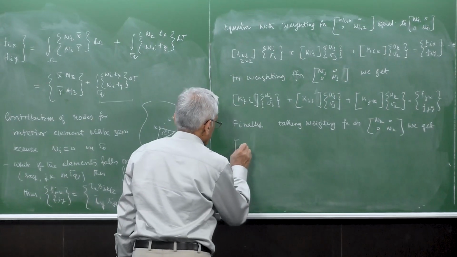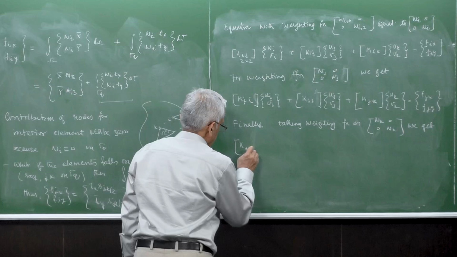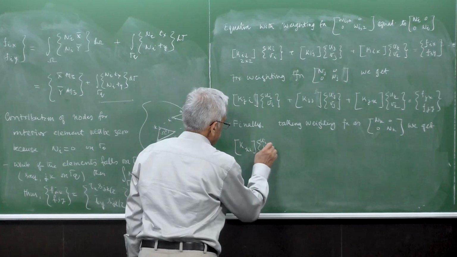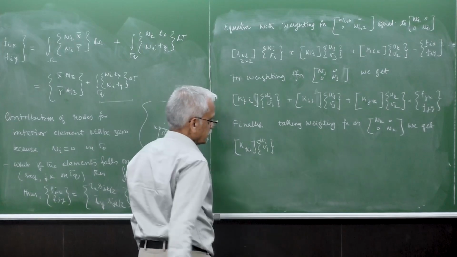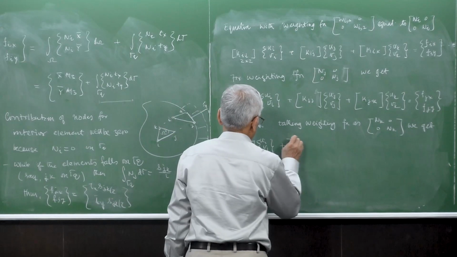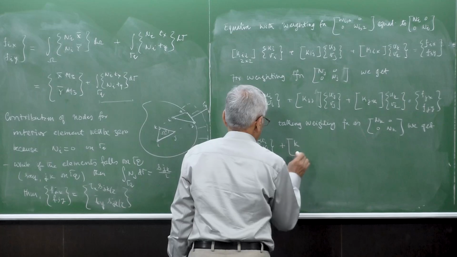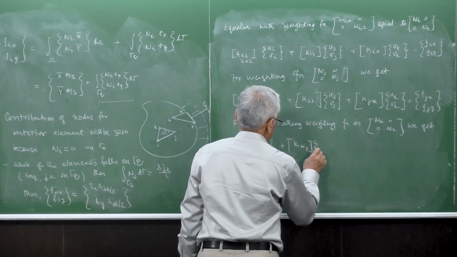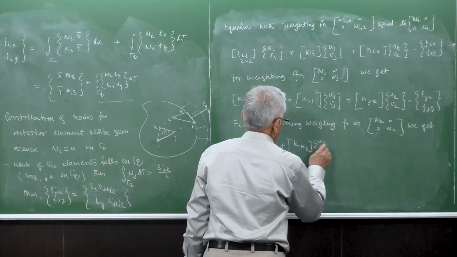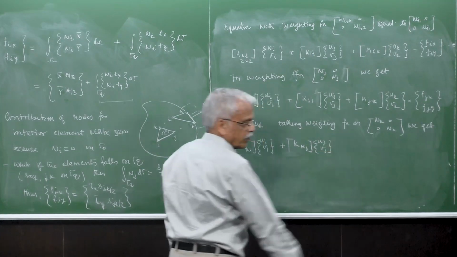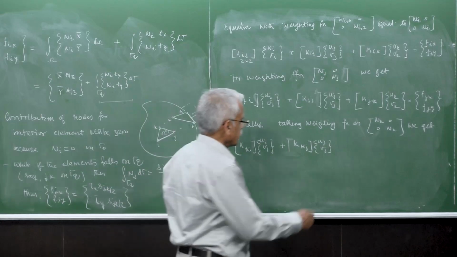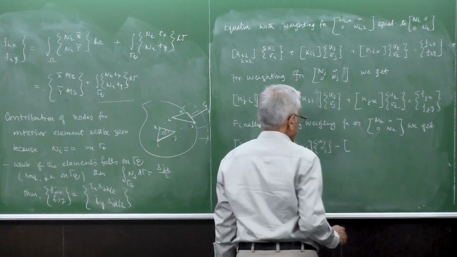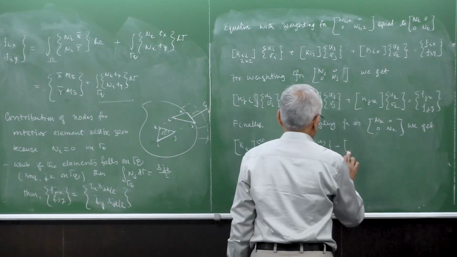Exactly the same thing, K, Ki, right? So this exactly follows the same procedure as heat conduction, except that here each node has 2 variables.